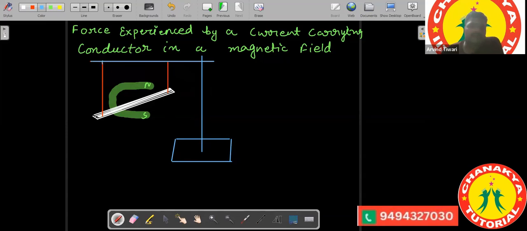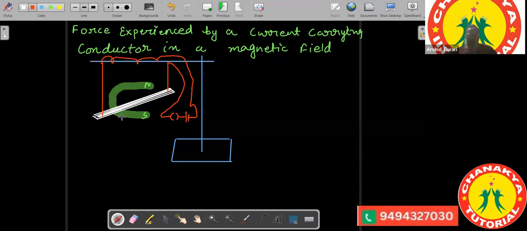And these two wires are connected like this. They are connected with a key and a battery. It's like this. So this is just a simple experiment which demonstrates the force acting on a current carrying conductor.